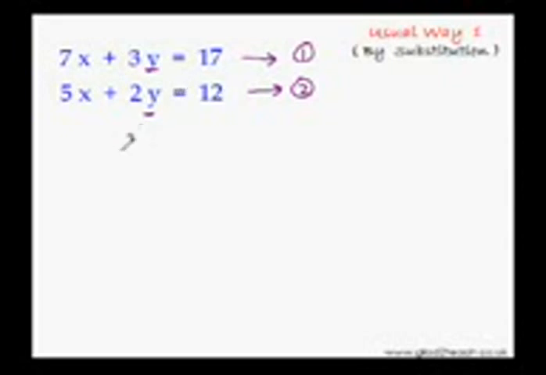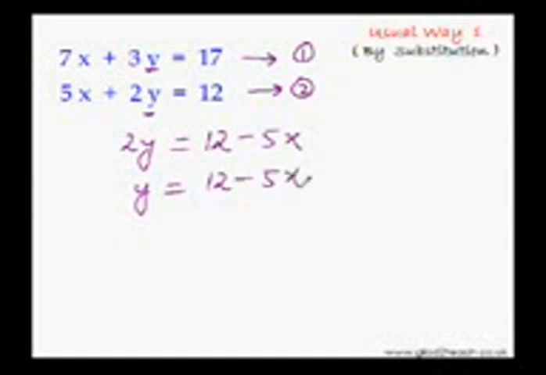This means 2y equal to 12 minus 5x. When this positive 5x goes to the other side, it becomes negative 5x. Now take this 2 to the other side as well. You will have y equal to (12 minus 5x) divided by 2, as this 2 was being multiplied here.